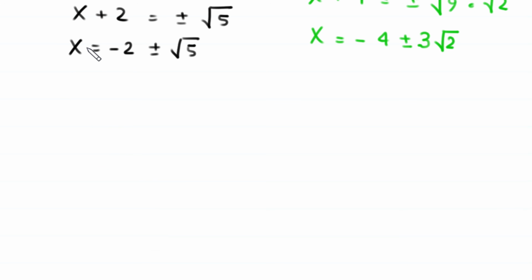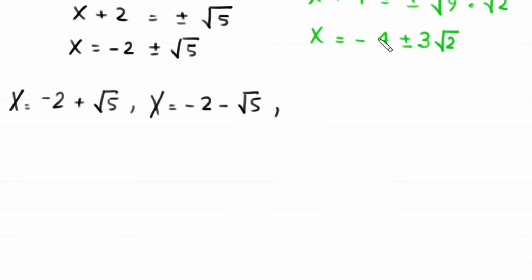From the first equation we get two values of x: x equals negative 2 plus root 5, and the second value is negative 2 minus root 5. And from the second equation, x will be equal to negative 4 plus 3 times root 2, and x equals negative 4 minus 3 times root 2.